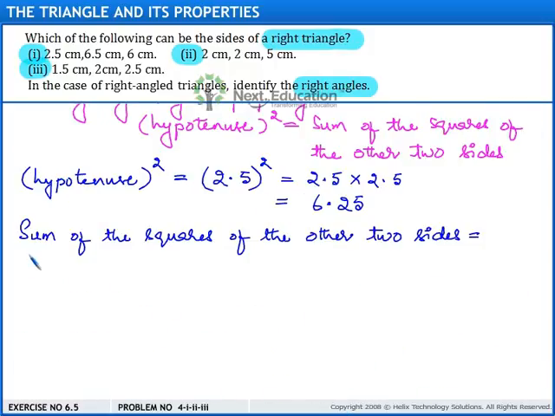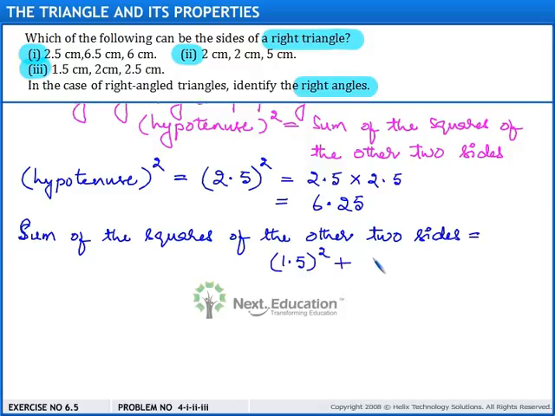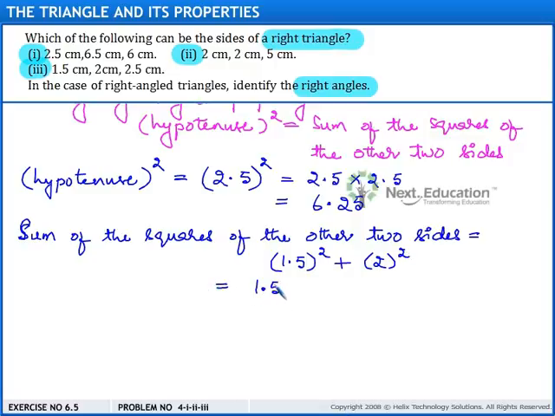Now, the sum of the squares of the other two sides is equal to 1.5 whole square plus 2 whole square. So this can be written as 1.5 into 1.5 plus 2 into 2.